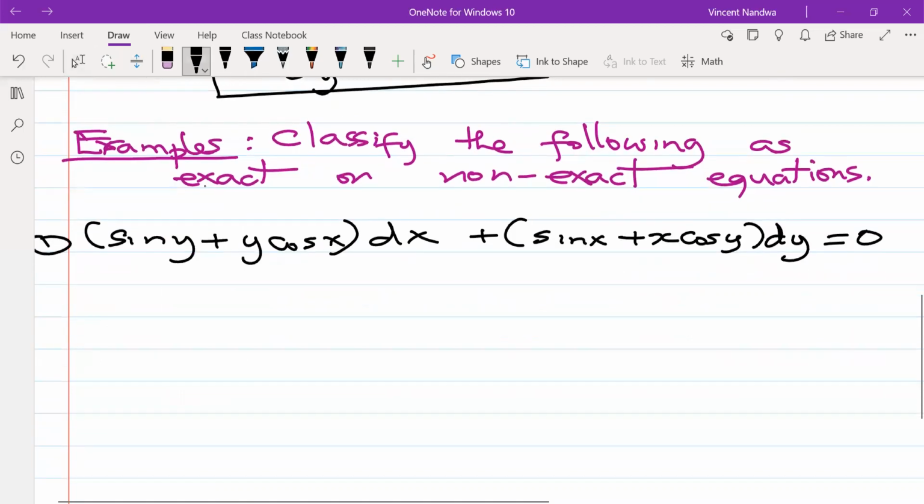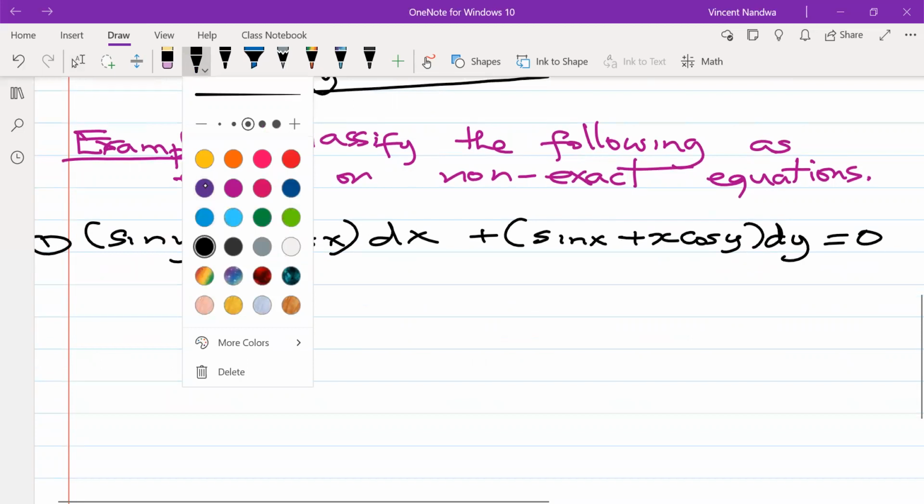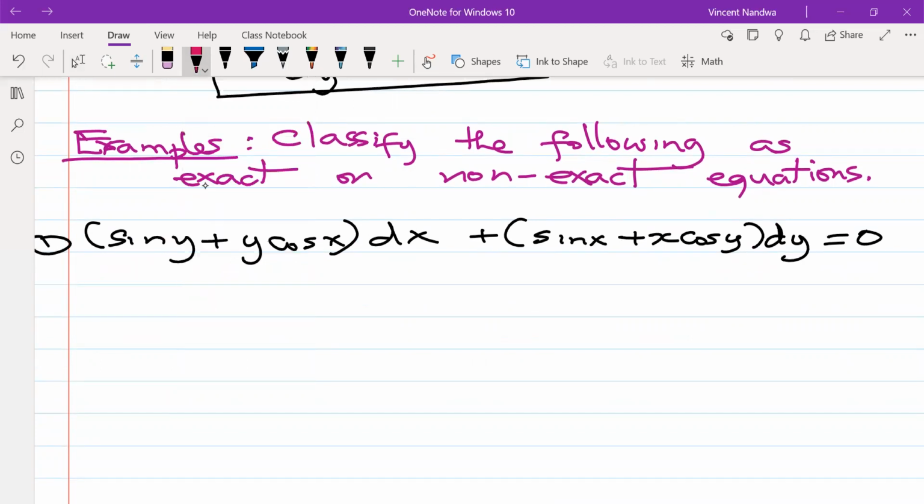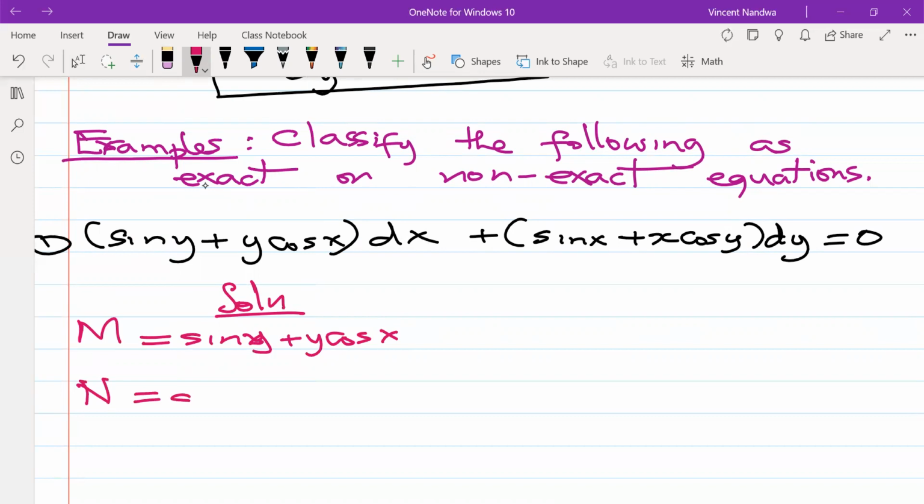Now here, M is given by sine y plus y cos x. N is given by sine of x plus x cos of y.